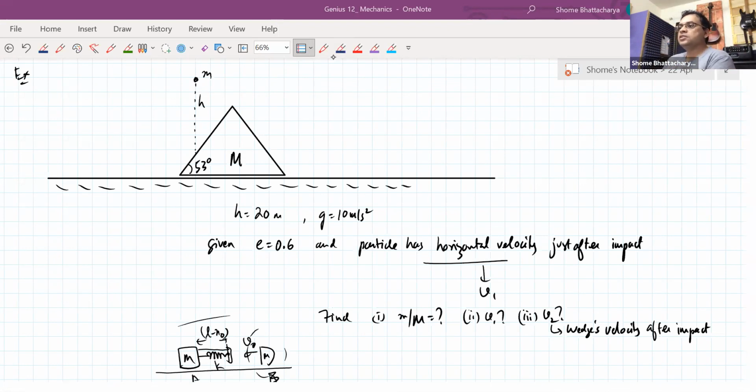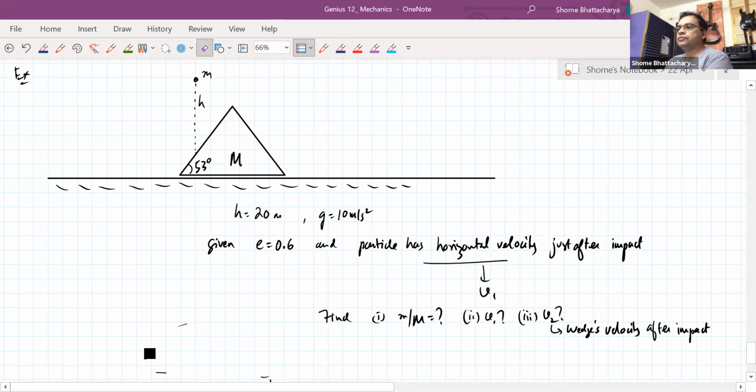Okay, but Nishit, that m by M ratio you have to give me as a numerical value. It will not come in terms of V1 and all. Acha, V1 you have taken as root 2 gh, is it?